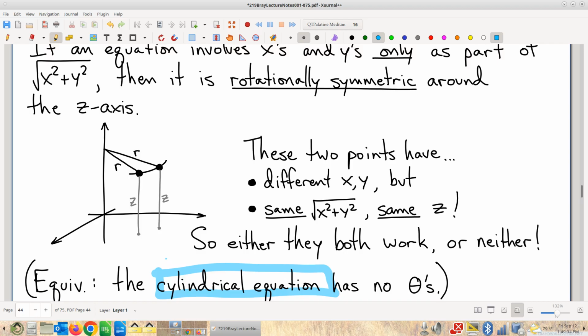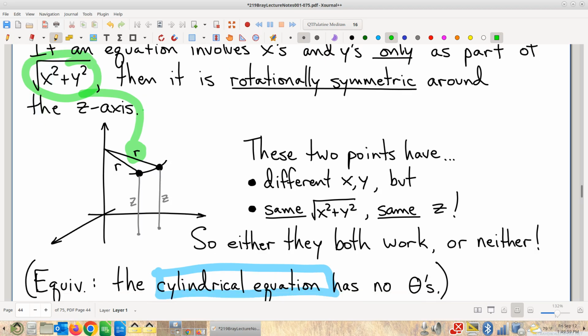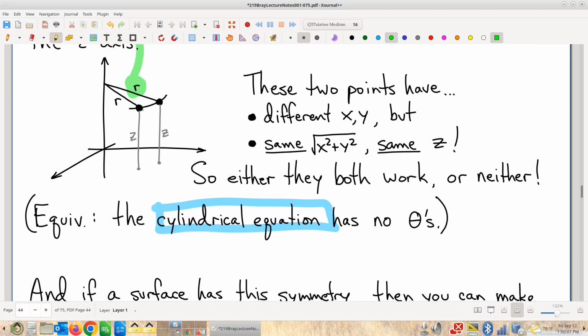Except if x and y appear only as part of that special form, and we've already agreed that special form will turn into exactly r, then you're not going to have any thetas showing up in the equation. Every time a theta shows up, it'll be part of a little Pythagorean identity, and it disappears. So the condition as I've written it is equivalent to saying that the cylindrical equation has no thetas in it.